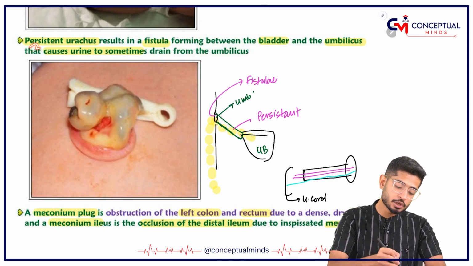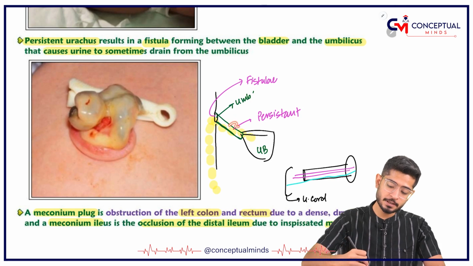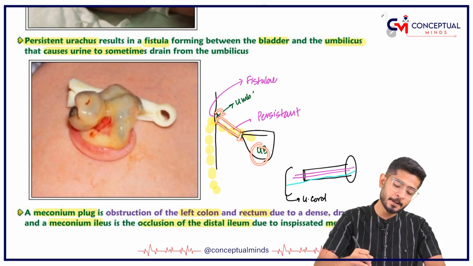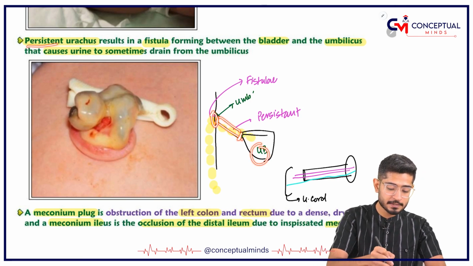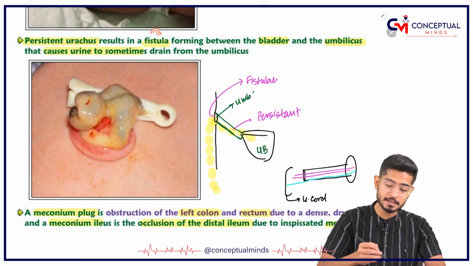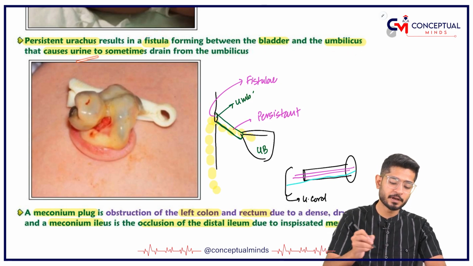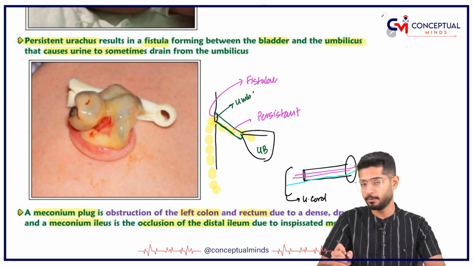Urachus is the connection between the urinary bladder and the umbilicus. So persistent urachus results in a fistula between the bladder and the umbilicus that causes urine to dribble out of the umbilicus.